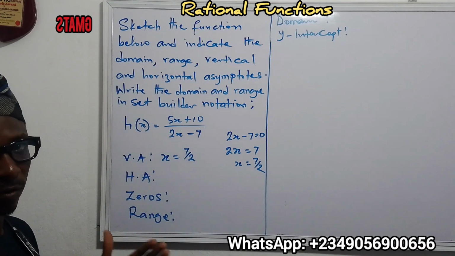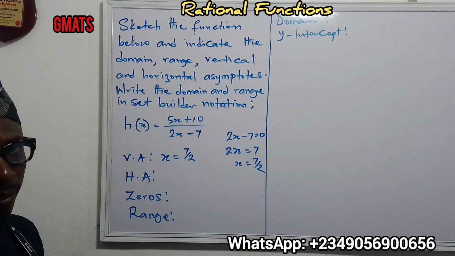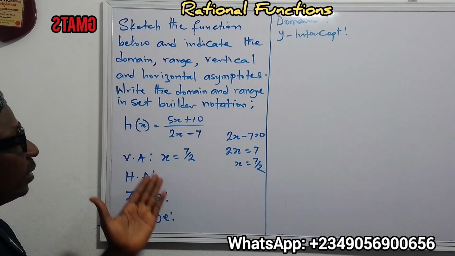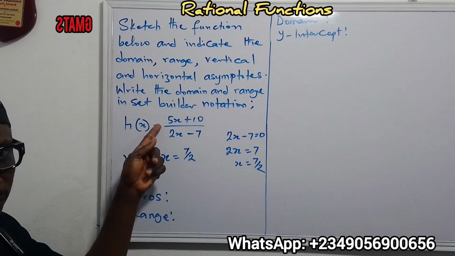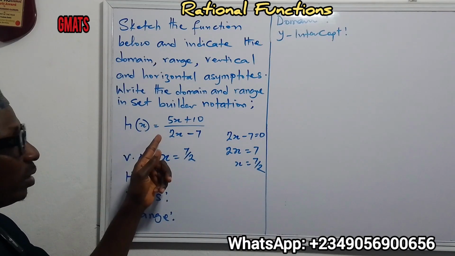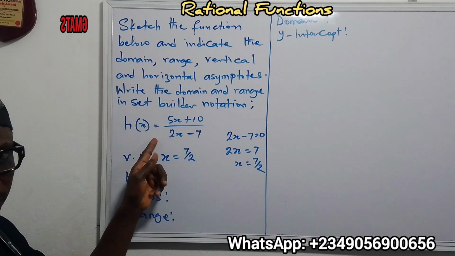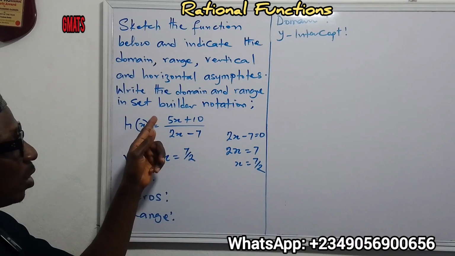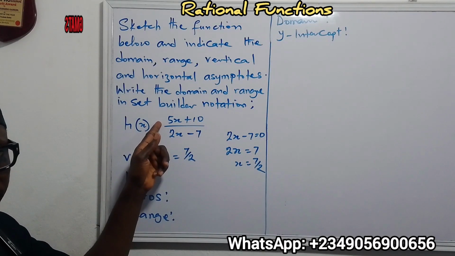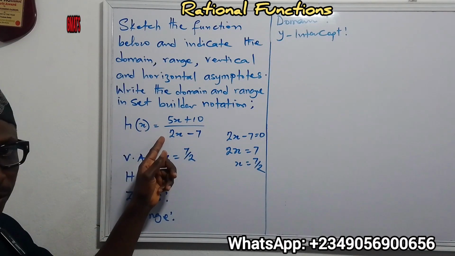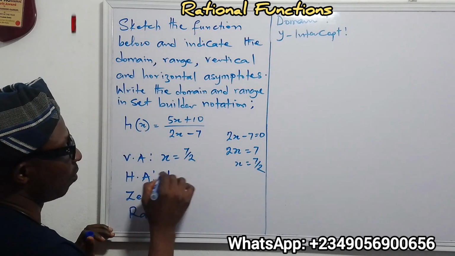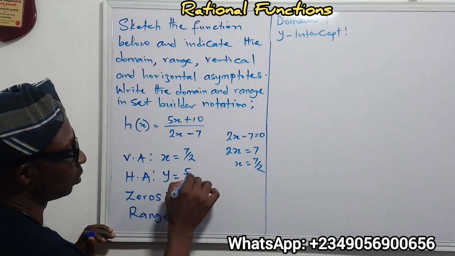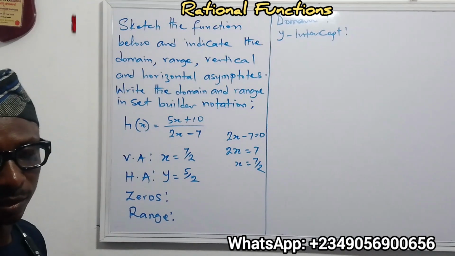So once you discover that they have the same order, just divide the leading coefficient of the numerator by the leading coefficient of the denominator. The leading coefficient of the numerator here is 5, while that of the denominator is 2. So that means we have y equals 5 over 2. That's going to be the horizontal asymptote.